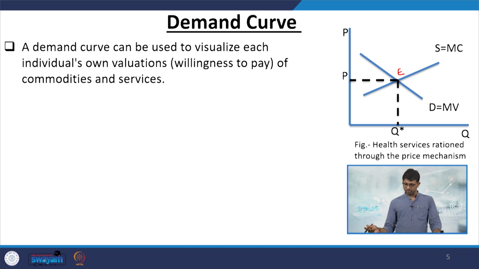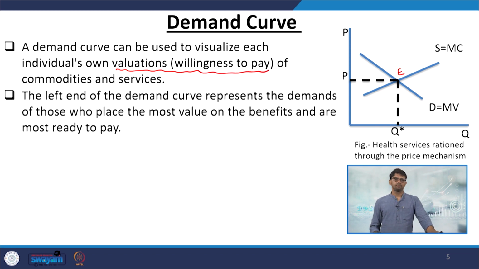It starts with the basic framework of marginal valuation related to the services or the commodities as against the cost. Therefore, the demand curve can be visualized as the individual's own calculation and own valuation, that is usually measured through willingness to pay for the commodities and services.